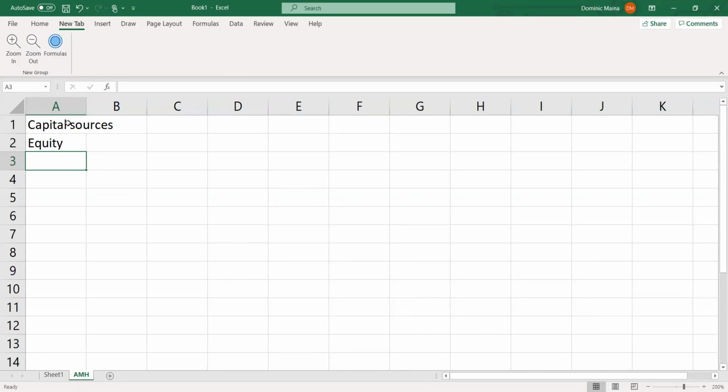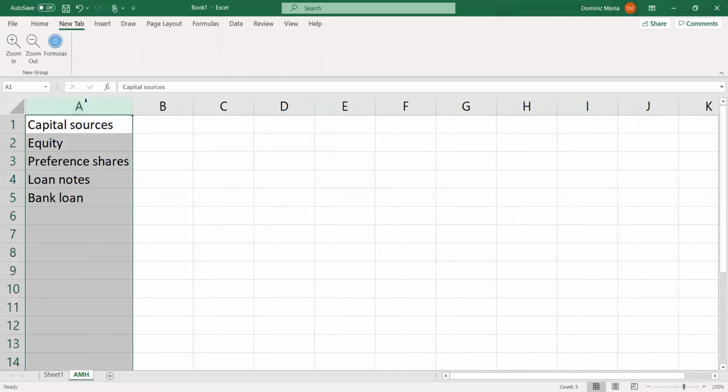So there's equity, there are preference shares, there is the note, and you have the bank loan.